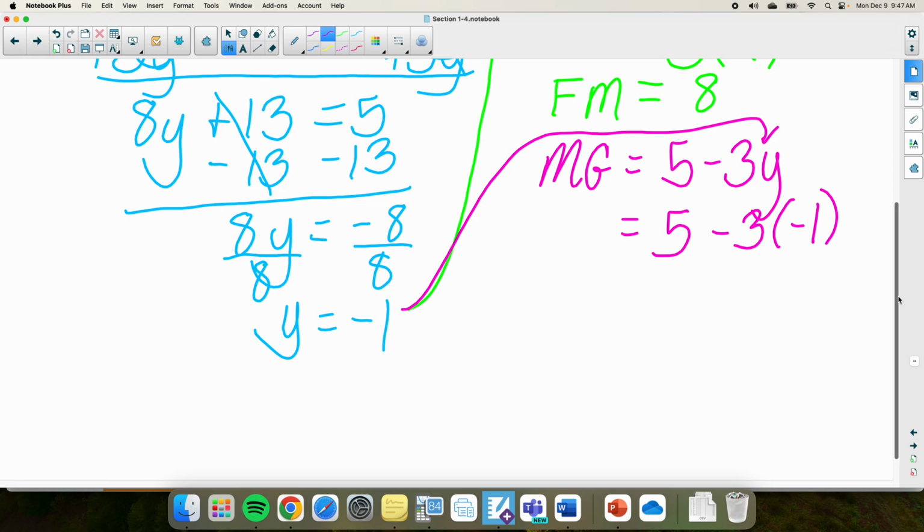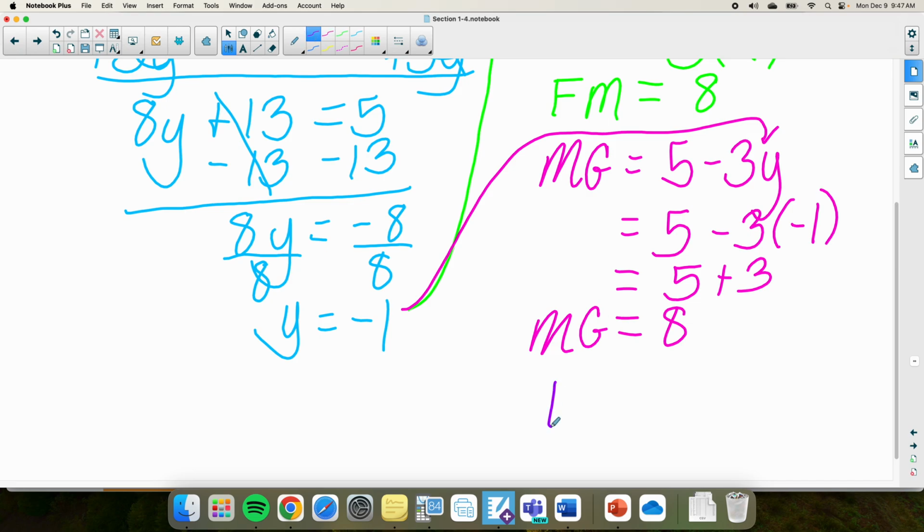And you could type it into your calculator exactly how it looks: 5, subtract 3, parenthesis, negative 1, parenthesis, and you'd get 5 plus 3, which is 8. So now if you notice, FM is 8, MG is 8, and what we want is FG, which is the whole thing, which is 8 plus 8, which is 16.